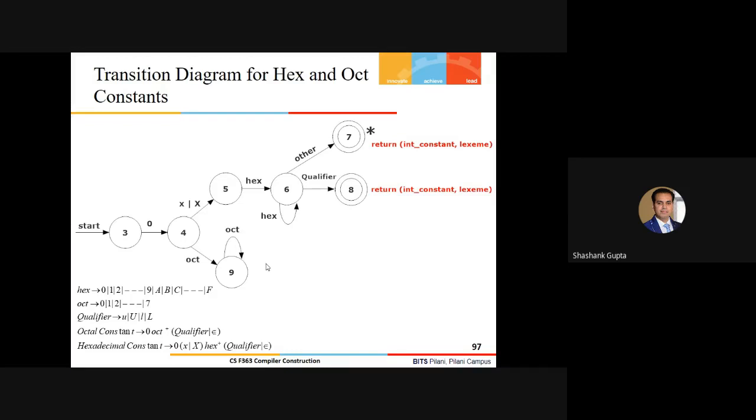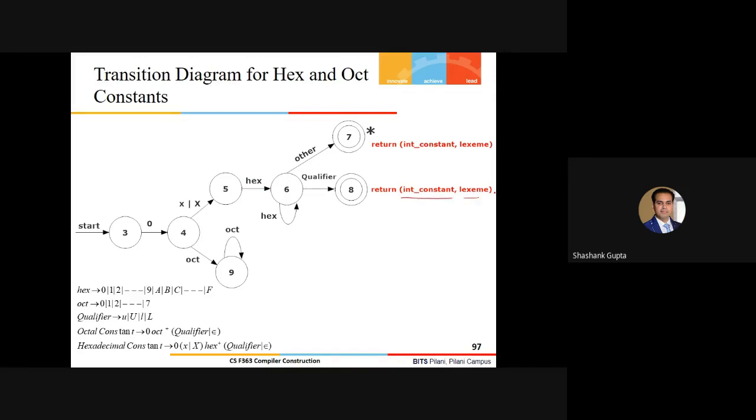Like the guy said first, from here I'll read one qualifier that will take me from state 6 to some other state 8, and I'll call it a final state, and I'll simply return, let's say, the integer constant, the actual value which we are obtaining from the hexadecimal constant. Let's suppose this is the name of the token and the corresponding lexeme.